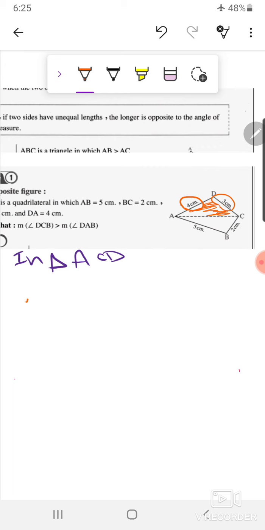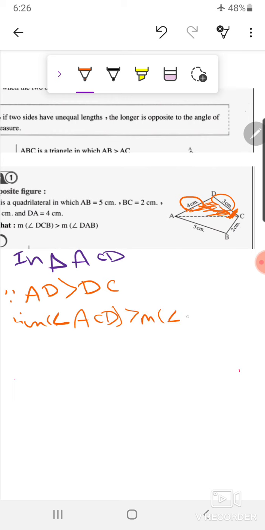So since AD is greater than DC in length, therefore measure angle, what is the angle opposite to 4 cm? It is measure angle ACD, greater than measure angle CAD, the other one.